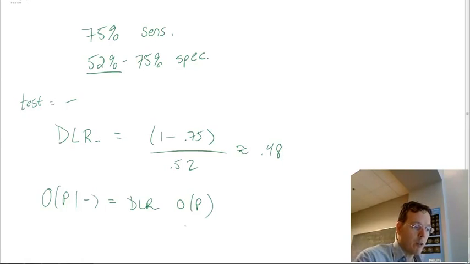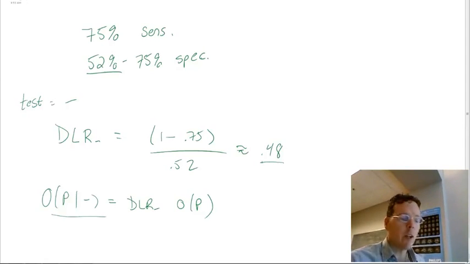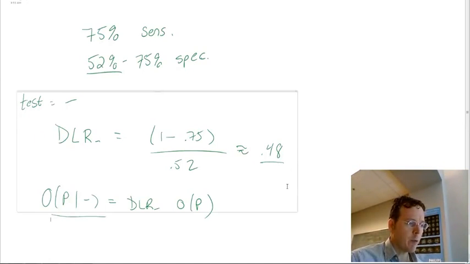So in this case, prior to taking the test, this person had some idea of what their chance was of being pregnant, and now, if they're coherent with the probability calculations, their calibrated odds of being pregnant are 0.48 times lower. So that's what the diagnostic likelihood ratio does for you.